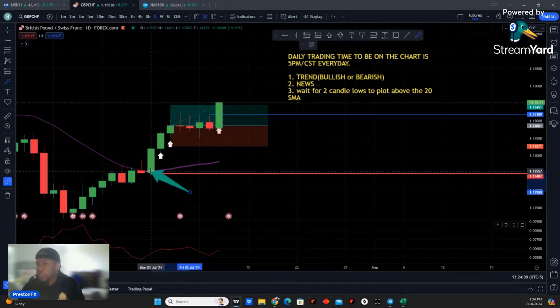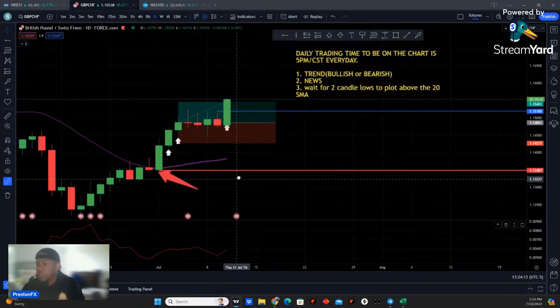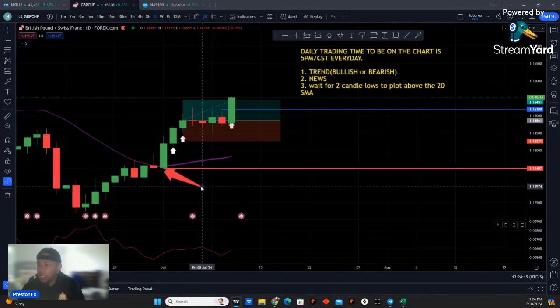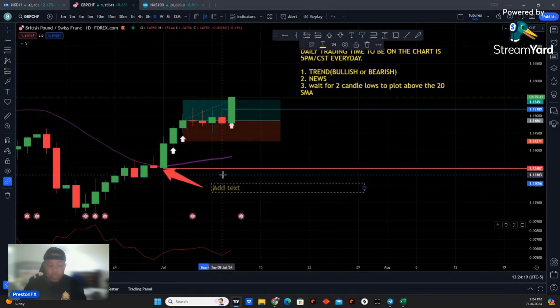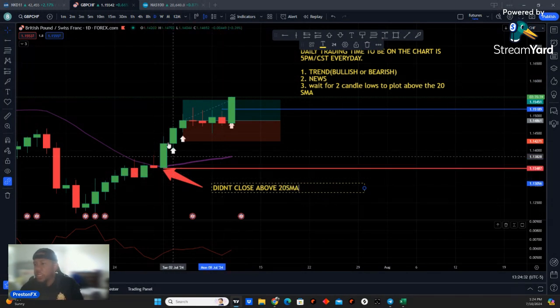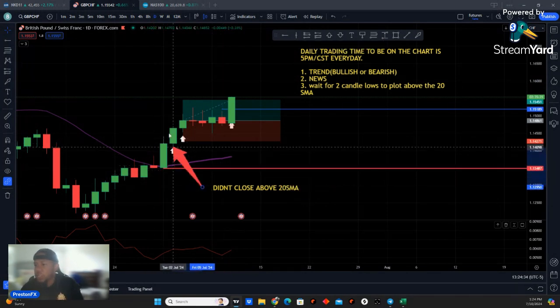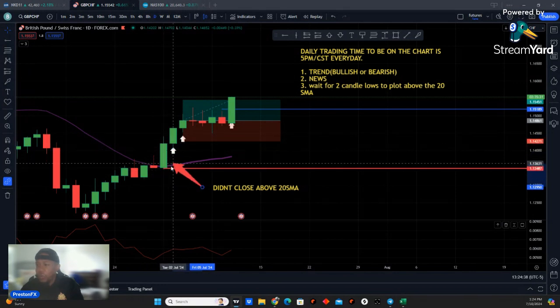This is wrong, so we're going to make this red. This is for my strategy. As you can see right here, it didn't close above the 20 SMA. And I know what you're thinking. Yes, it did, it closed above here. Yes, it closed up, but I want the whole thing. I don't want anything touching the line.